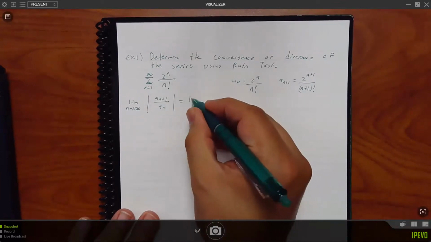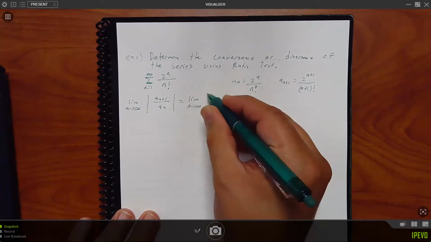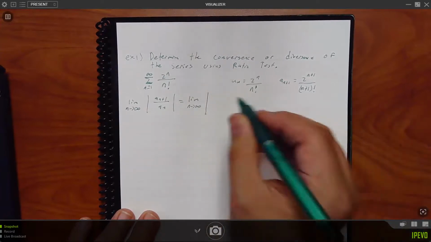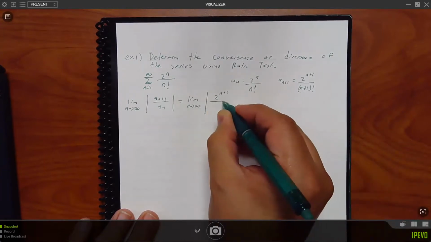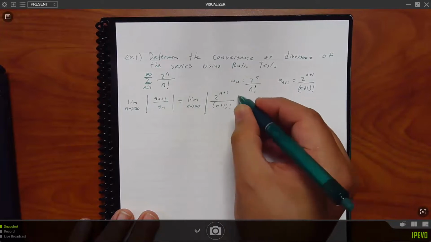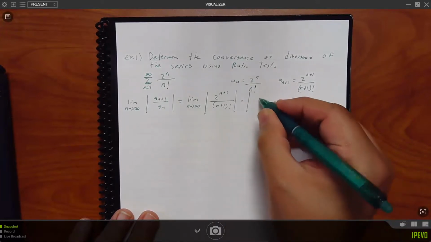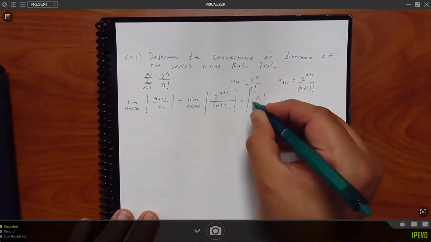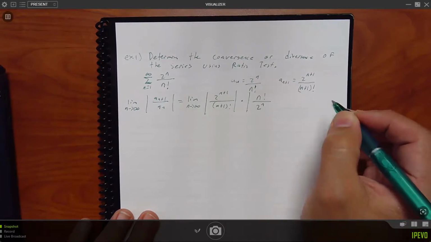is equal to the limit as n goes to infinity of 2n plus 1 over (n plus 1) factorial times, I skipped a step.